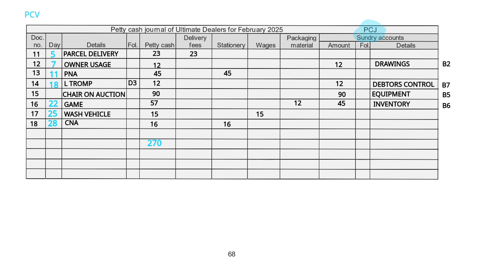Remember petty cash is B10. If we add up our delivery fees, we only had one entry of 23. Delivery fees is N7. Stationery, if we add it up, we get 61. Stationery is N8.